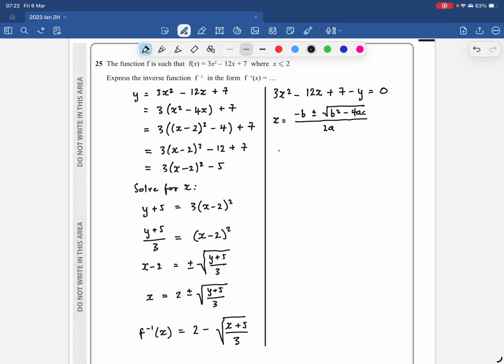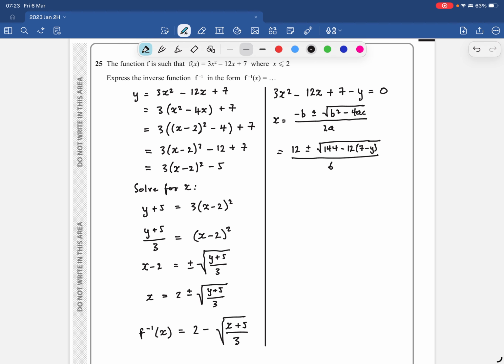So I've got minus b is 12, because b is minus 12, plus or minus the square root of b squared is 144, minus 4a is 12, and then c is, get that right, 7 minus y, all over 2a, which is 6.